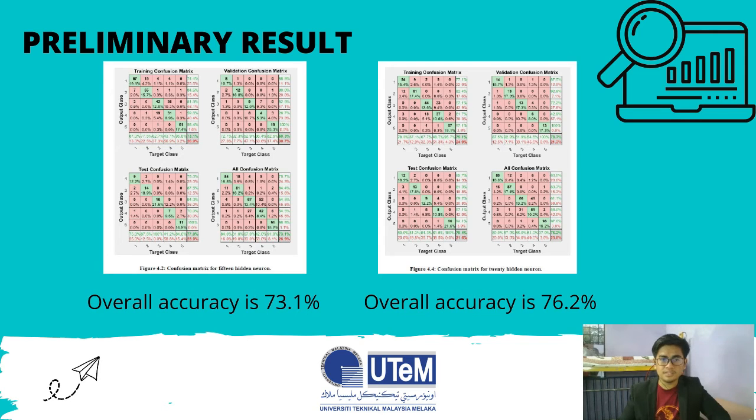While the result of 20 hidden neurons shows the overall accuracy is 76.2%, with the training, validation, and test sets giving 75.1%, 78.7%, and 78.4%.